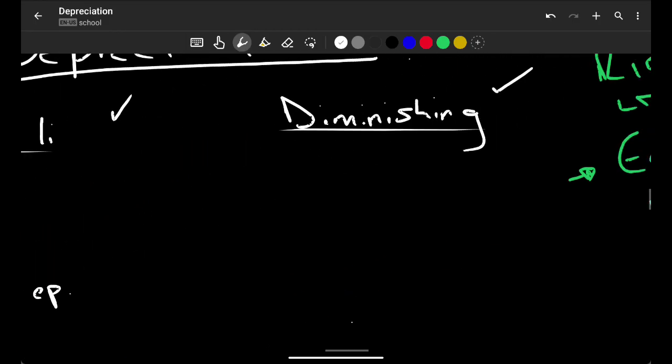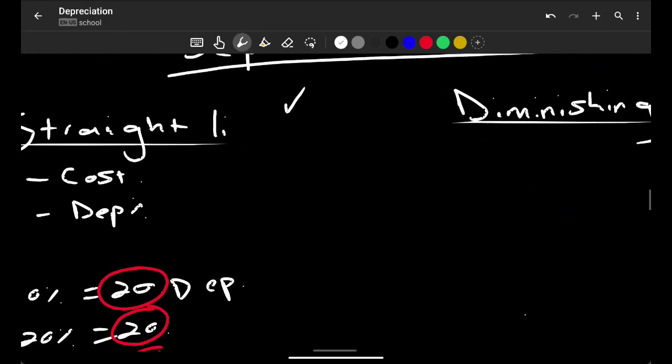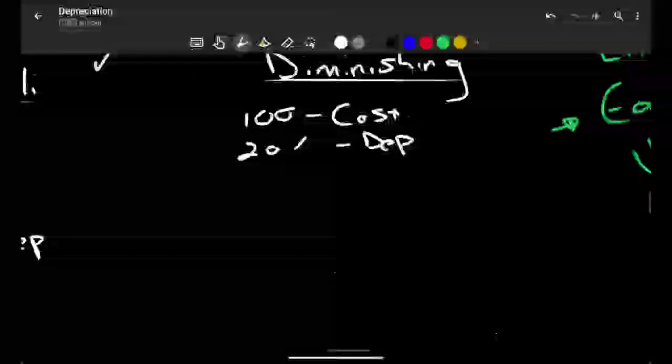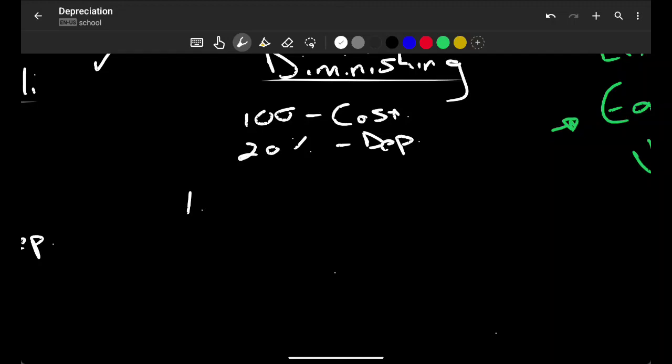But now, if we're using diminishing method with the same example, 100 rand cost, but 20% depreciation, right? On diminishing method, here is the difference. Year 1 will be 100 rand multiplied by 20% equals 20. It changes here.